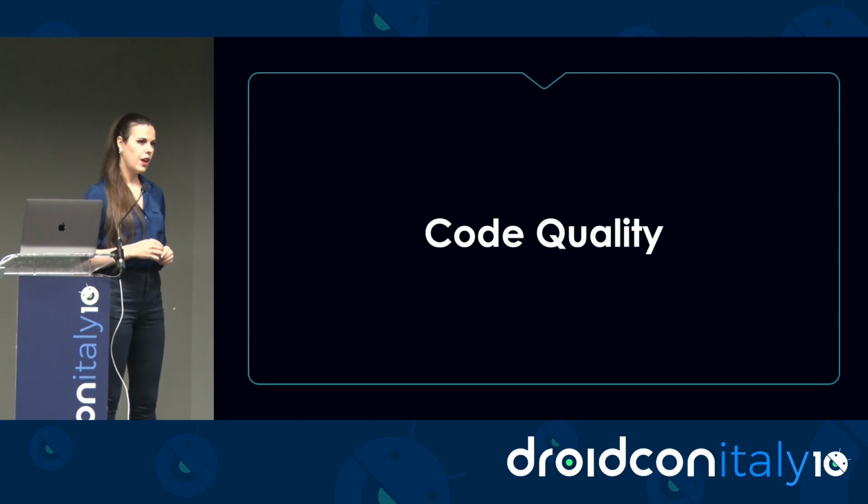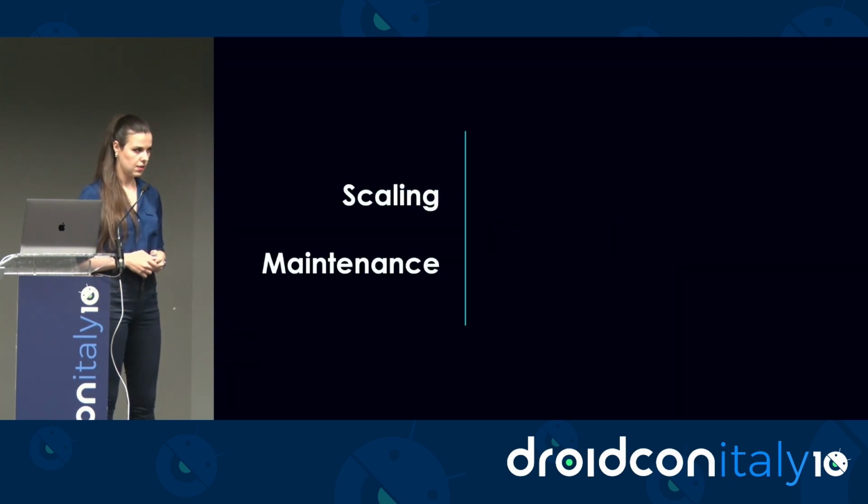But if your app was not built on a healthy code base that can easily be scaled, so it can easily expand and can be easily maintained, then I would say be careful what you wish for. Because this can determine how long you will be able to maintain these app quality standards. And how I would like to describe this is through two parameters, which are scaling and maintenance.